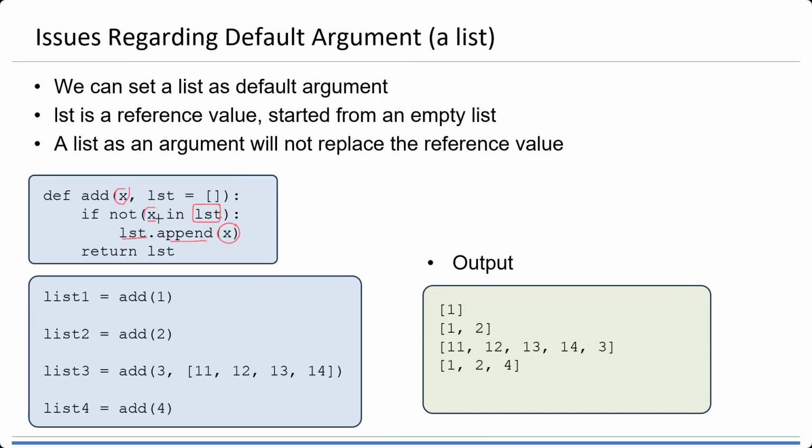So if the value x is not in the list, let's insert x into the list. Now we have lst as an empty list.